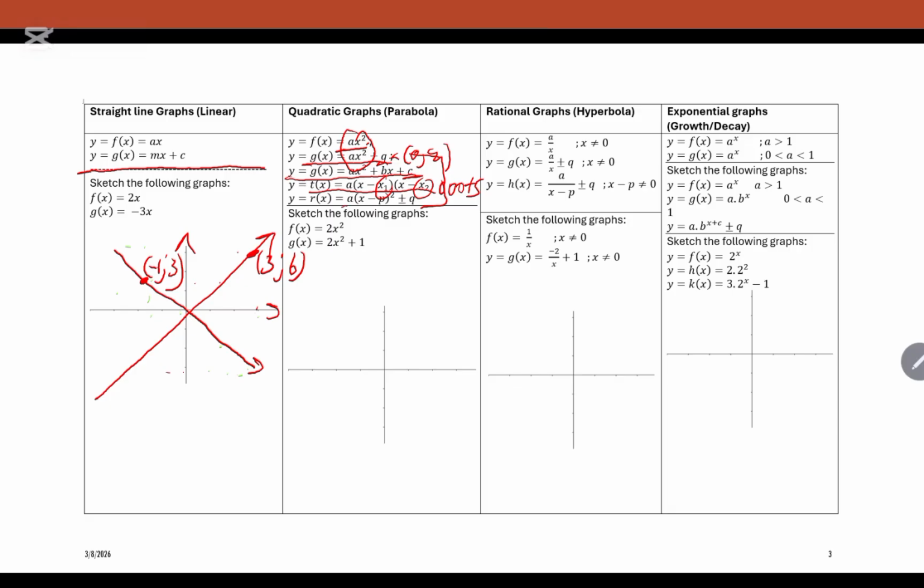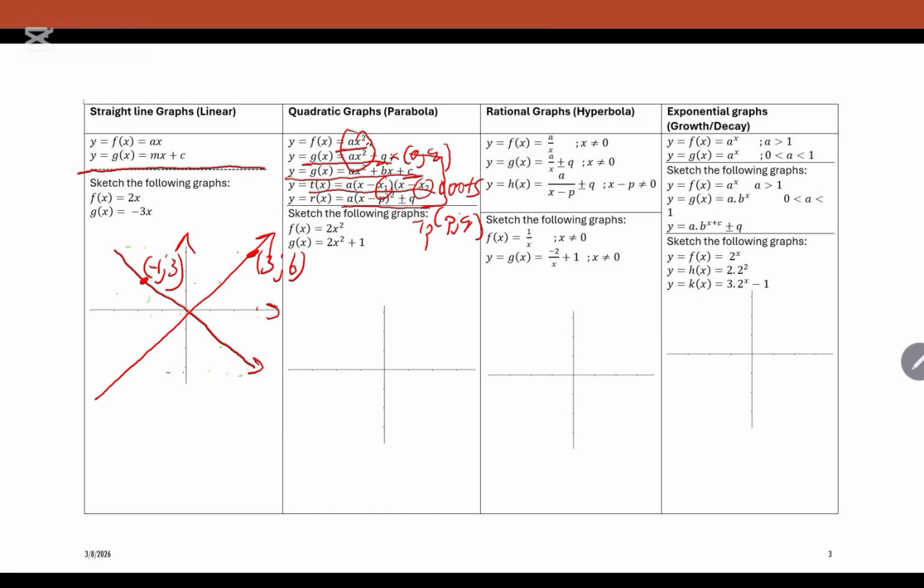And the last one here, a(x minus p) squared plus q, the values of p and q represent the coordinates of the turning point. So the turning point is basically (p; q). So this is the graphical information that we can read from those specific algebraic formats of the graph.